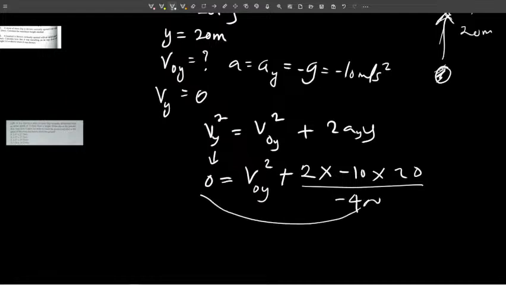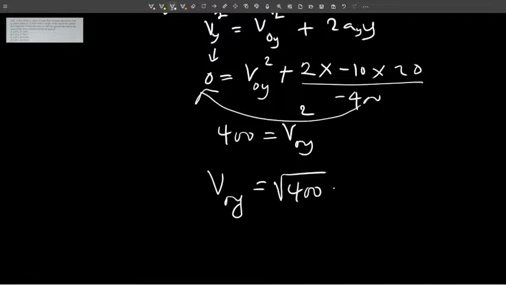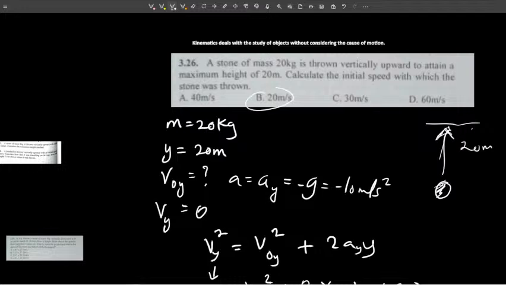To bring everything over here, it will become 400 equals v naught y square. If you take the square root of both sides, my v naught y, because of the square root of 400, will be 20 meter per second. So the answer here is A.